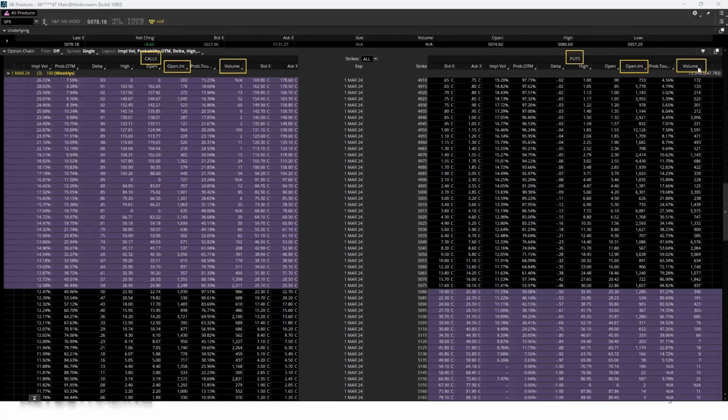Volume simply tells us how many options contracts are traded in a session, and so this actually changes intraday. Throughout the day, you'll see changes in volume.